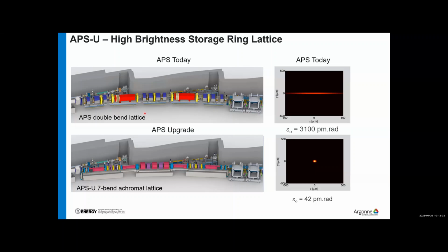So what happens with this new generation of sources is that you pack a larger number of dipole magnets in the ring. So you have 7 dipole magnets instead of 2. The deflection angle of each of these magnets is lower than in the present machine, and the magnetic field is lower. But you deflect the beam more often.